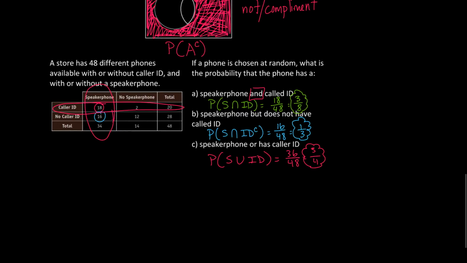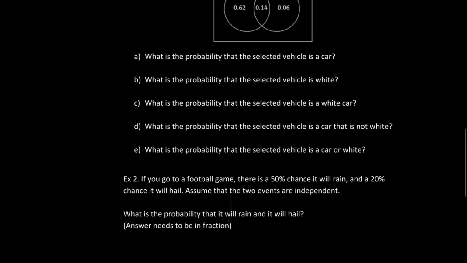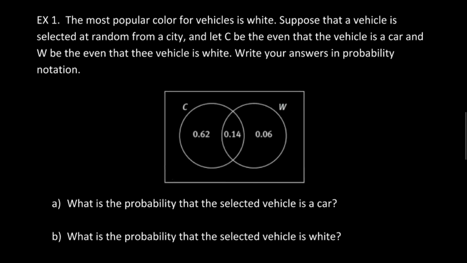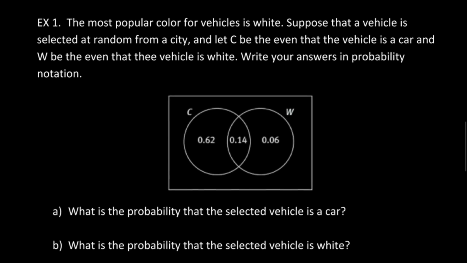All right, I do want to get you started on the back. So I'm going to help you out to begin with here. It says the most popular color for a vehicle is white. So we know, well, that's just leading information.